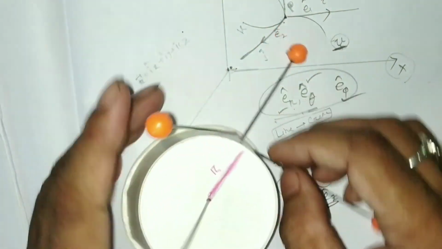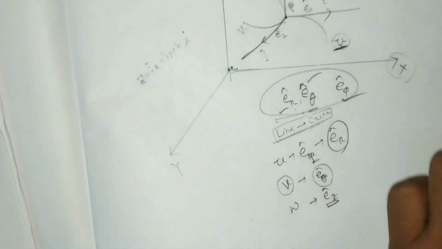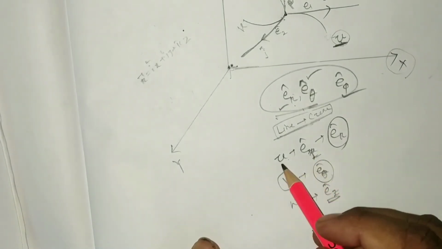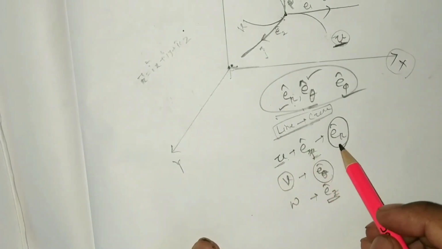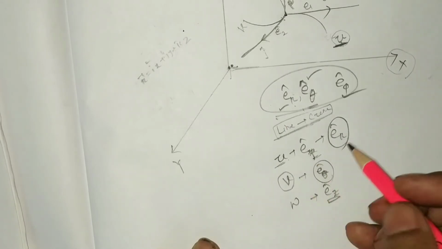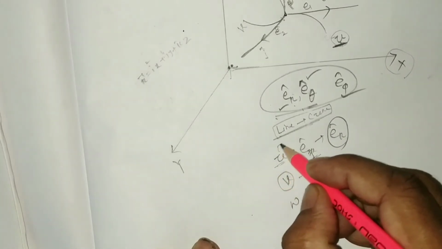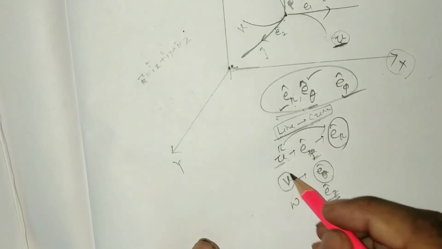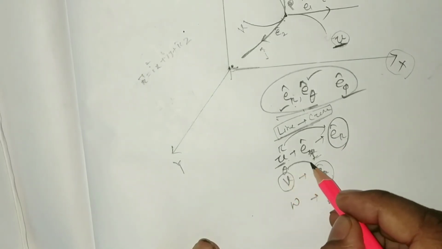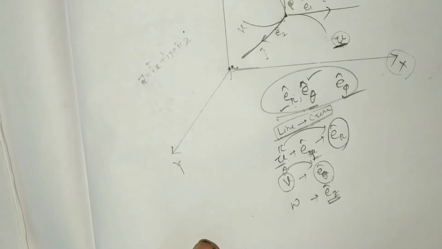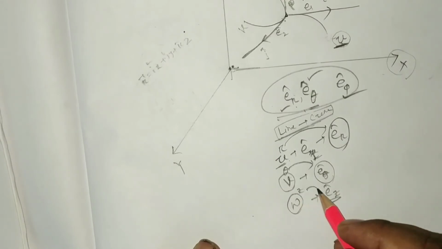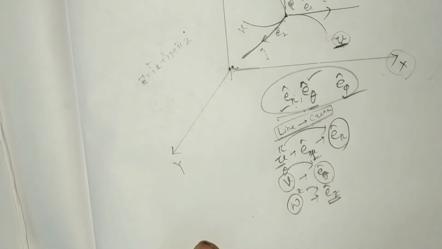Okay. So for cylindrical coordinate system, instead of u we have to consider the r curve, and the corresponding unit vector will be er cap. Instead of v we have to consider the theta curve and the corresponding unit vector will be e theta cap, and instead of w we have to consider z and the corresponding unit vector will be e z cap.